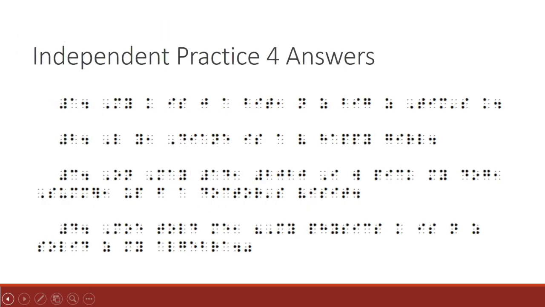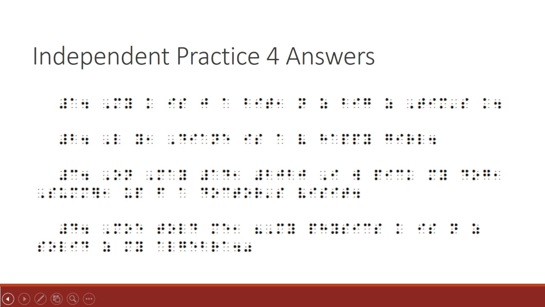Here are the answers to independent practice 4, written in Braille font. The first sentence should use the following contractions: K for knowledge, J for just, N for not, and Z for as. Sentence 2 has L for like, Y for you, and V for very.